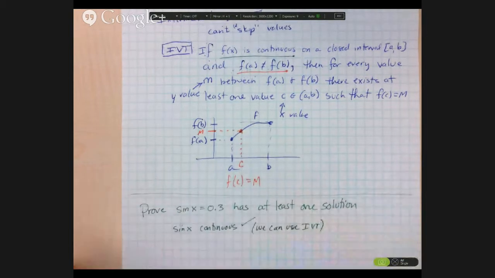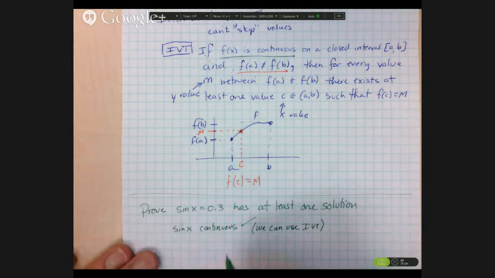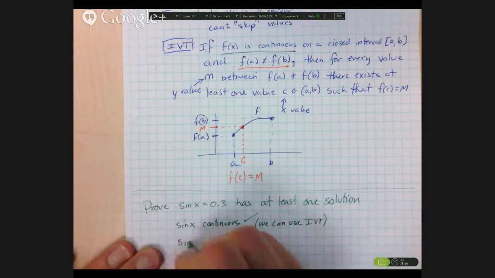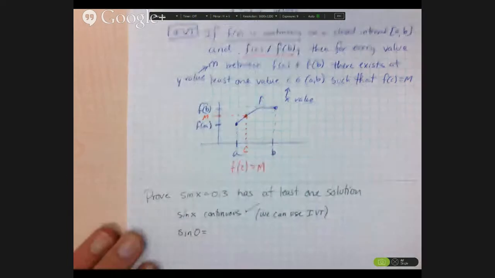All right, so be careful. If it's not a continuous function, you cannot apply this theorem. You just have to say we can, sine x is continuous. All right, so what do we know about sine at 0?